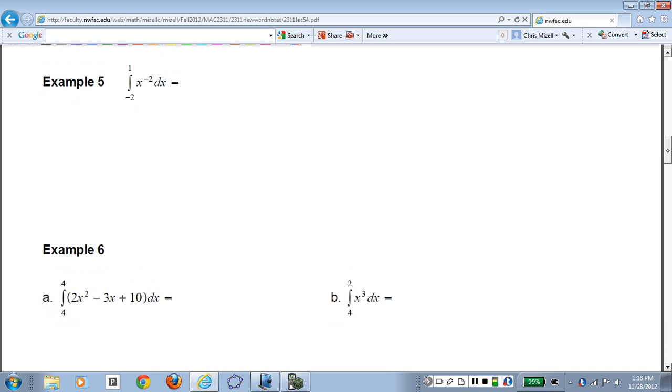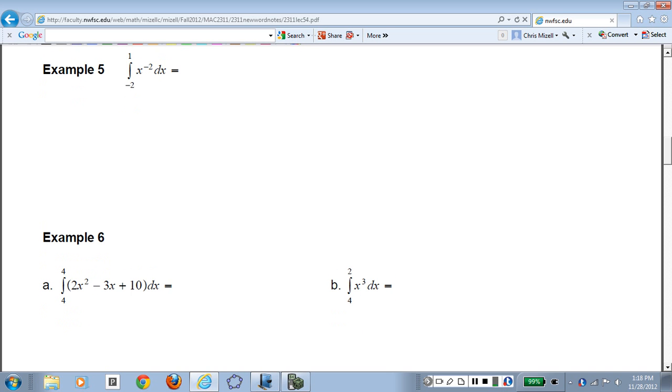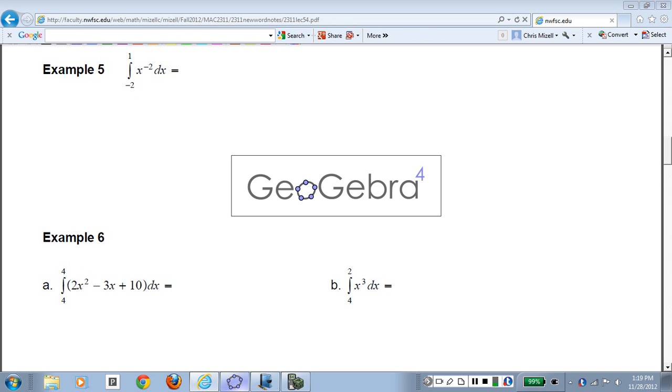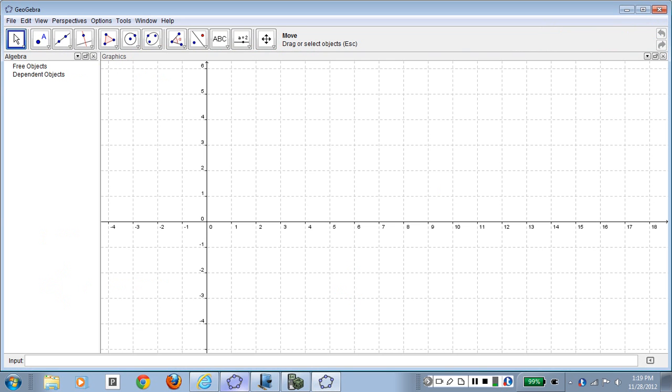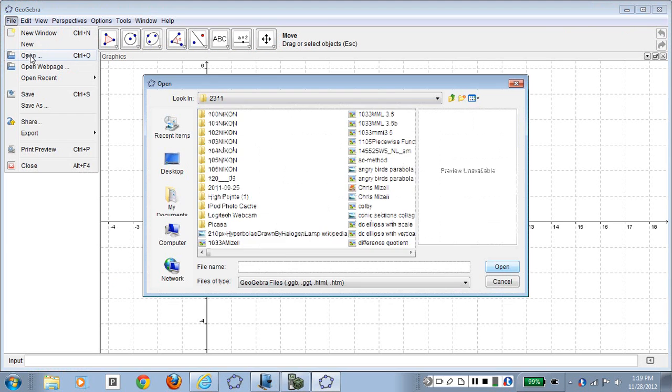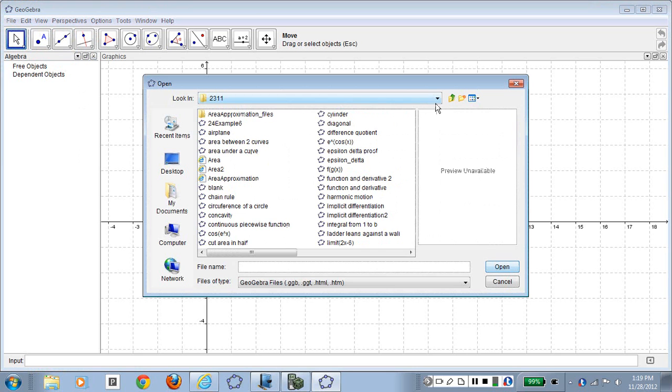I mean, it might be interesting to see what GeoGebra does with that. I think I've done something similar to that. Area bounded by the curve, because it tries, but it just can't seem to agree on anything. So let's go area under a curve.